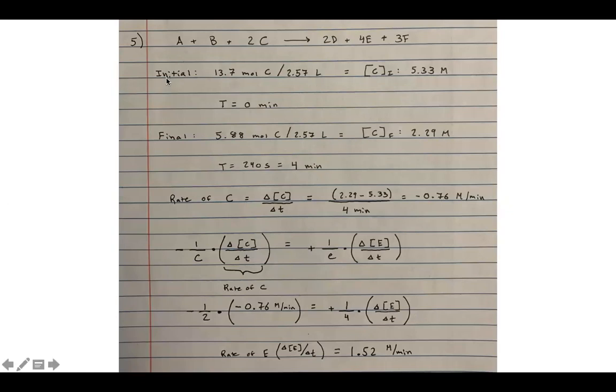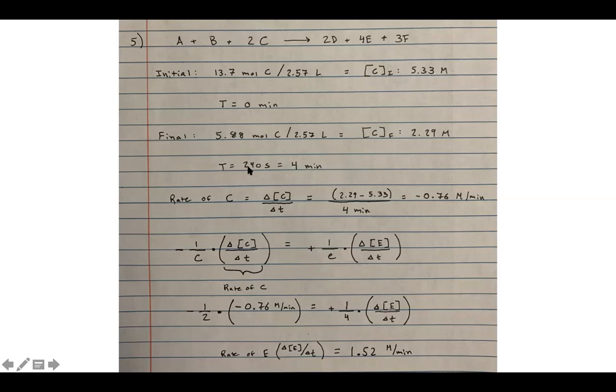Okay, so my initial condition, I'm at 0 minutes, right? No time has elapsed. And my concentration is 13.7 moles of C divided by my volume of solution. And I find that my concentration of C initially is 5.33 molar. Now I do it for the final time stamp.